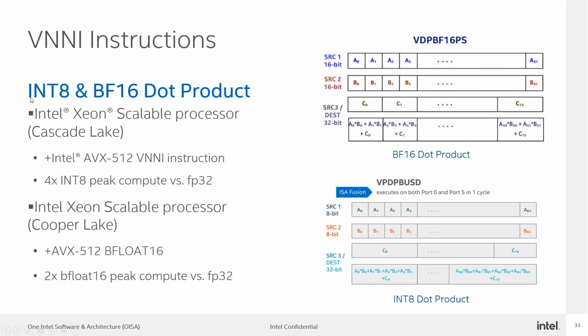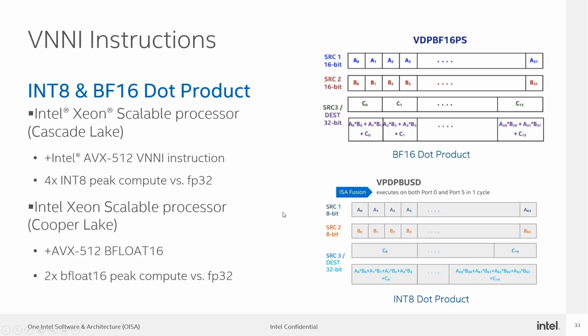It supports int8 and bfloat16 dot product operators. On the second generation of Intel Xeon Scalable processors, product code Cascade Lake, the VNNI instruction set was introduced as part of the AVX-512 instruction set. So Cascade Lake has 4 times the int8 peak computation compared to float32.